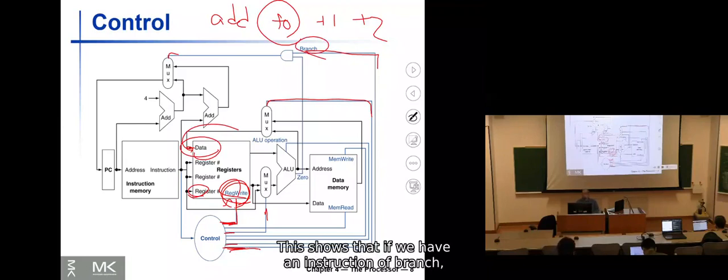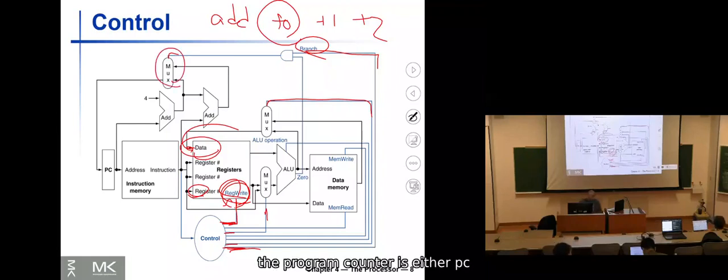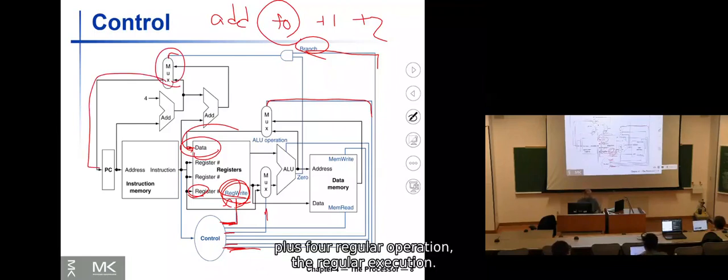This shows that if we have a branch instruction, the program counter is either PC plus 4, the regular execution, or the target address of the branch if it is taken. So if it is a branch and if it is taken, then the PC should come from the target address.